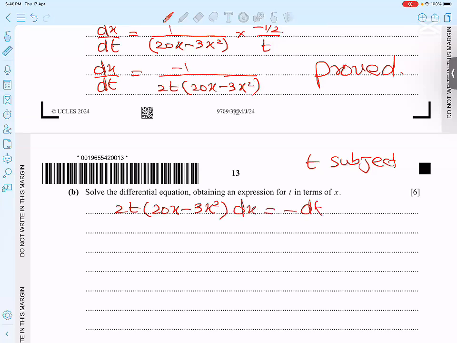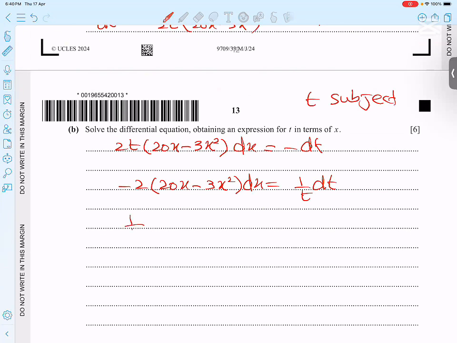So this is done. Okay, after this, this t alone, I will bring it down. Okay, and 1 over t dt. This negative even I will shift on the other side. Negative 2 into 20x minus 3x to power 2 and dx. Switch the sides. I got this.